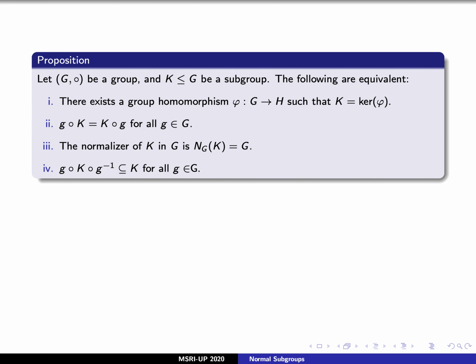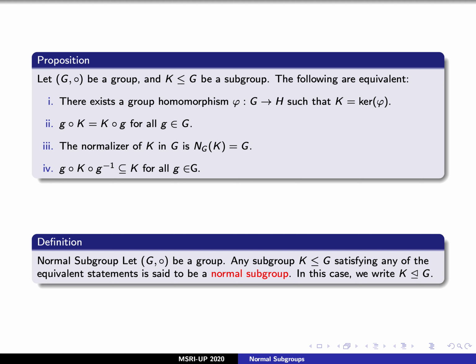Second, left and right cosets are equal for all elements little g of capital G. That is, little g circle K equals K circle little g. Third, the normalizer of K in G is actually equal to G. That is, N of K equals G. And fourth, g circle K circle g inverse is contained in K for all elements little g of capital G. Again, these four statements are all equivalent.